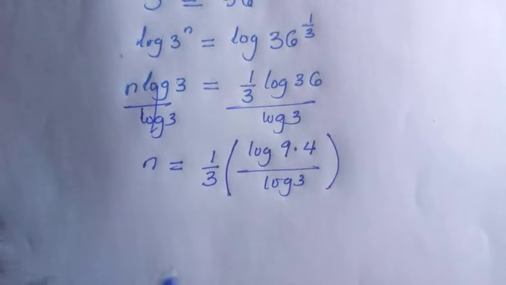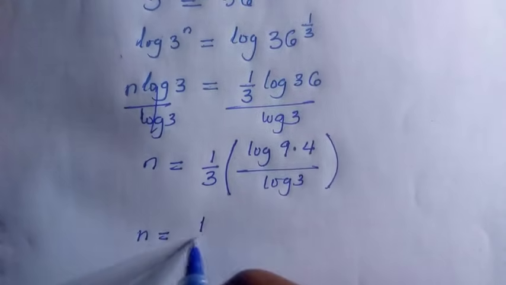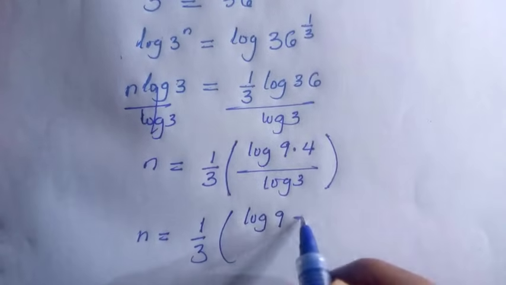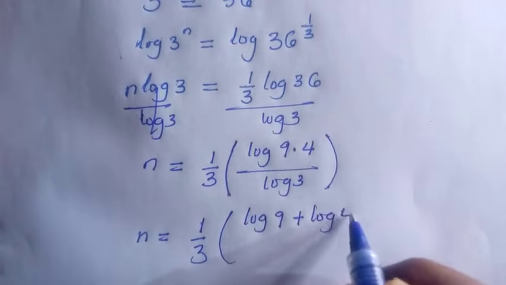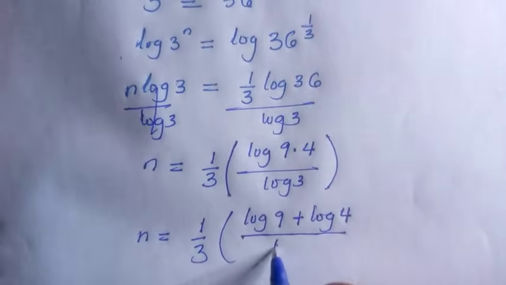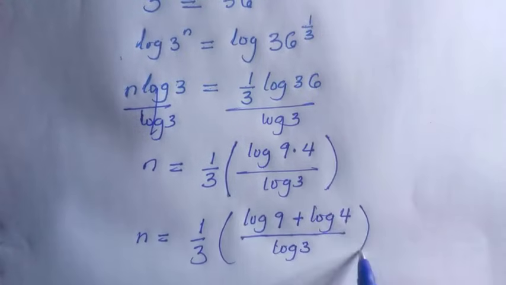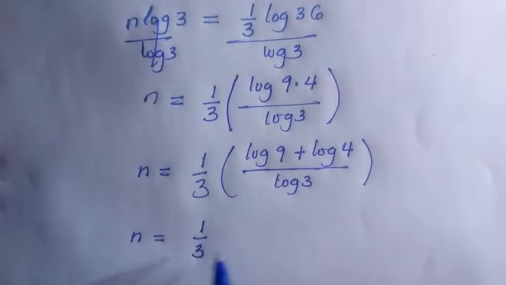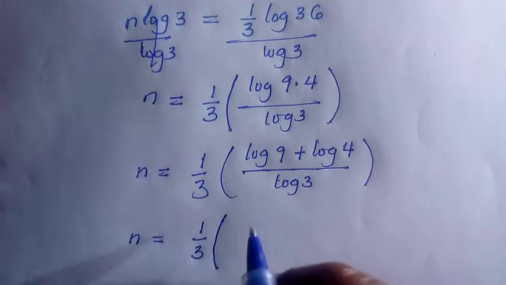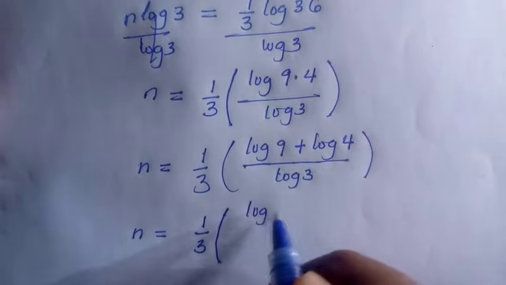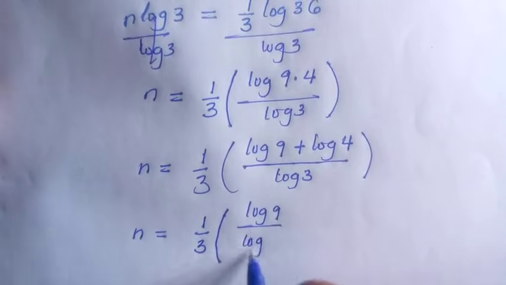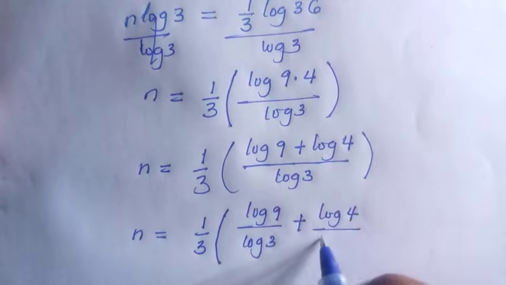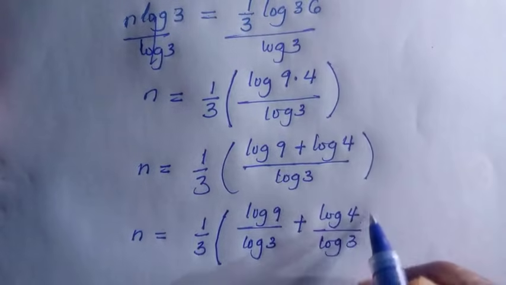Considering what we have above, which is the product rule of logs, we can write this as log 9 plus log 4 divided by log 3. Then n equals 1 divided by 3 into bracket of, so we can separate this as log 9 divided by log 3 plus log 4 divided by log 3.